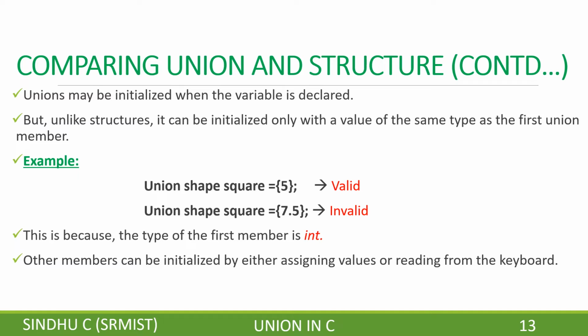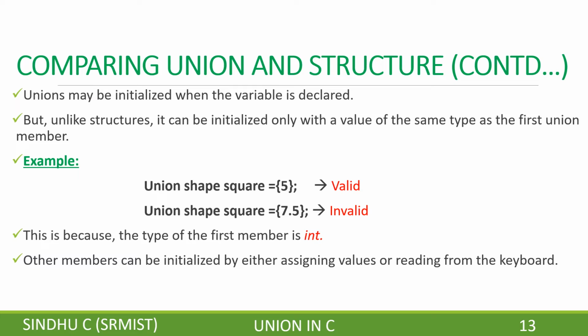Say if the second member is of the type float, then the statement union shape square equal to 7.5 is not valid, because it is not the first member. If it is the second, third or any other member, then that cannot be done. Only the first item can be initialized.